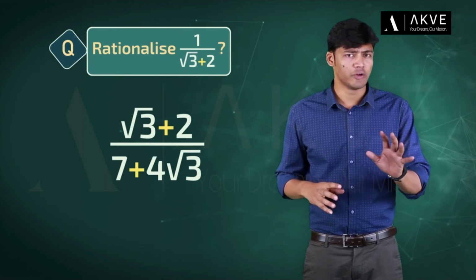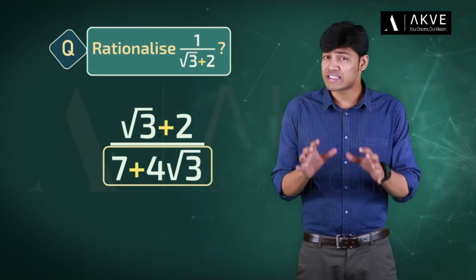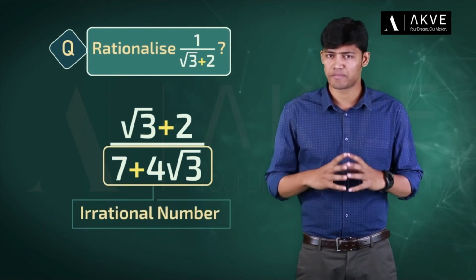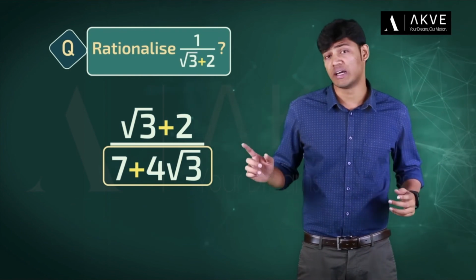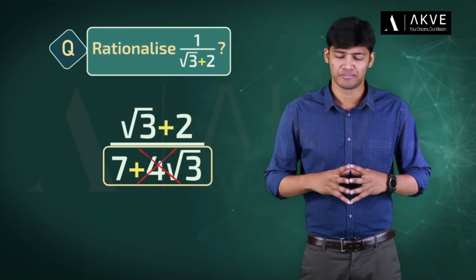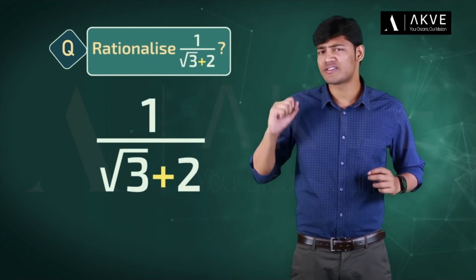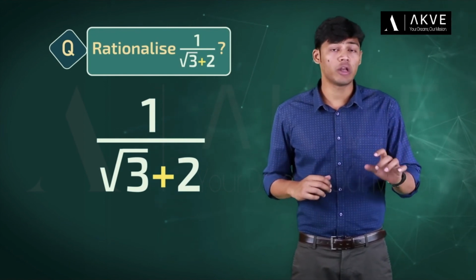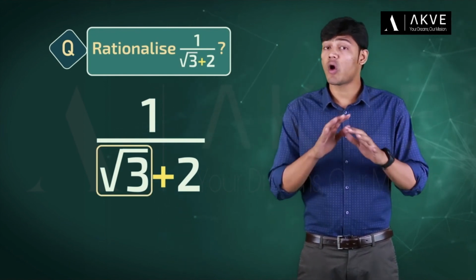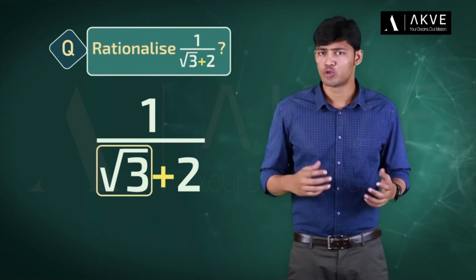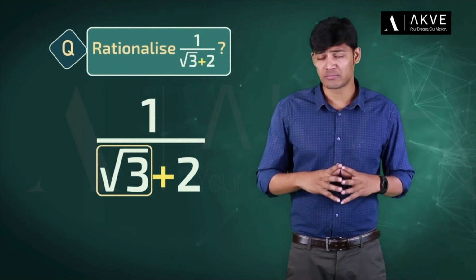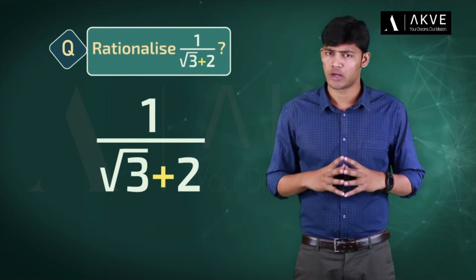If you observe carefully, 7 plus 4 root 3 is still an irrational number. So, the denominator did not get rationalized. And now, how do we rationalize it? The square root is only on 3 and not on the complete number. So, multiplying by the same number did not work out.